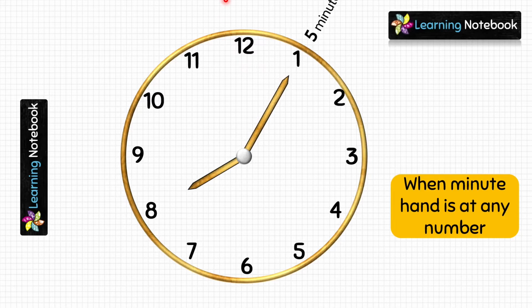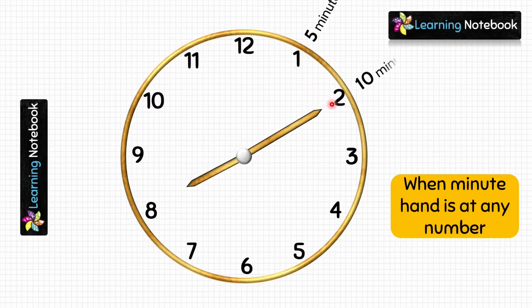So this means it moves from 12 to 1 in 5 minutes. Then it moves from 1 to 2 in another 5 minutes. So students, total time to move from 12 to 2 is 10 minutes. 5 plus 5 equals to 10 minutes.